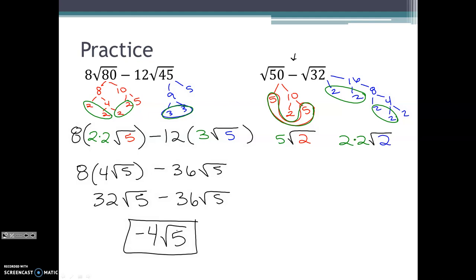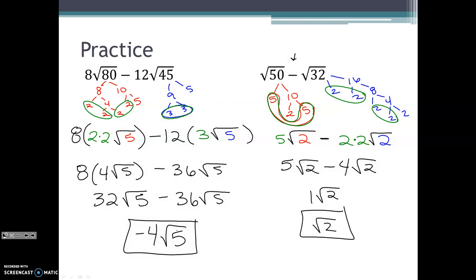And then, of course, we've got that minus sign still in between. So this is 5 square roots of 2 minus 4 square roots of 2. Can I combine those two together? Yes, I can. 5 minus 4 gives me 1 square root of 2, which I could just write as square root of 2. We don't have to write that 1 out in front of it.